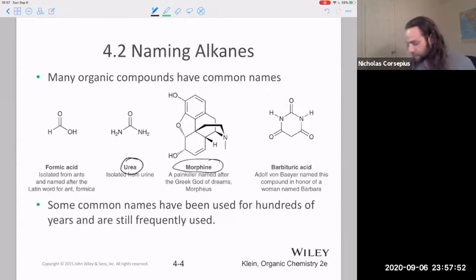Urea is another good example. Urea is actually famous in the world of organic chemistry because it was the first molecule that was both isolated from a human being, it can be found in urine, but also synthesized in the lab. So it was an important proof of concept that actually, yes, even though living beings are obviously very special and complicated, they are still made up of the same chemistry building blocks the rest of the world is made up of. But yeah, so these are what are called the common names.